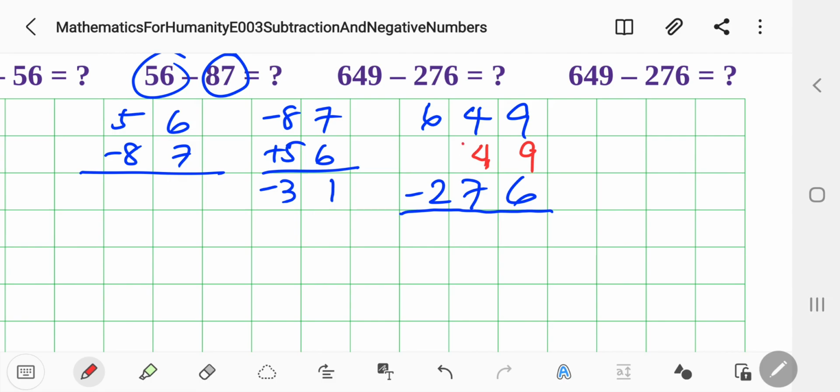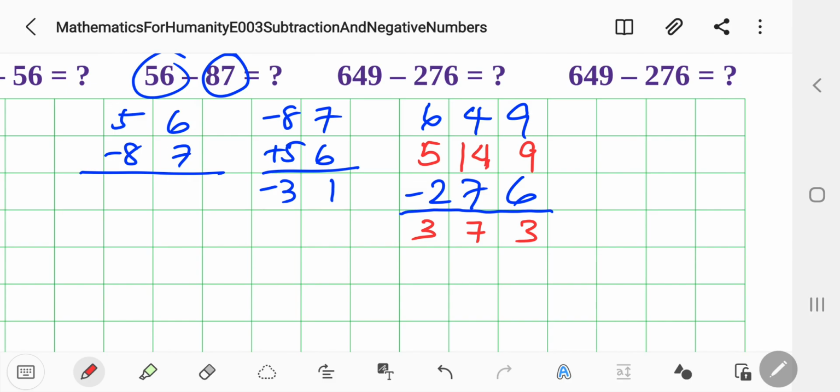So you can write 14 here, and then because you've borrowed 1 from 6, you write here 5. So this is actually 5 plus 1 is equal to 6. So that's how it is. So 9 minus 6 equals 3, and then 14 minus 7, of course, is equal to 7, and then 5 minus 2 is equal to 3. So that's how it's done.